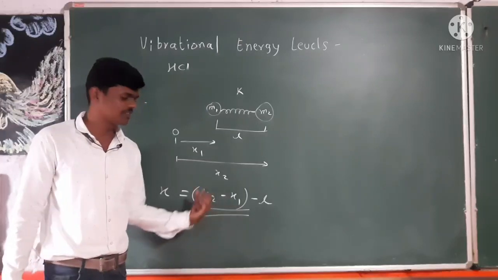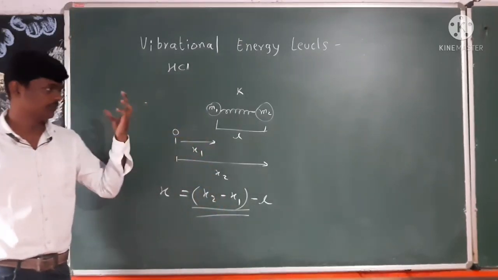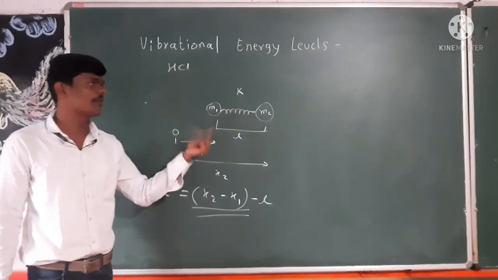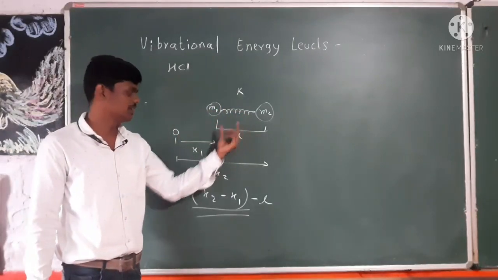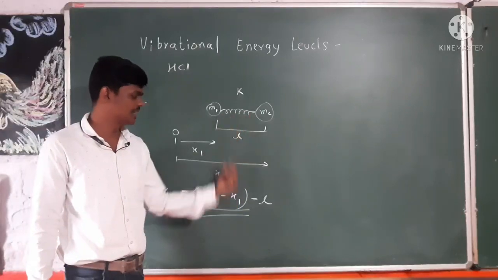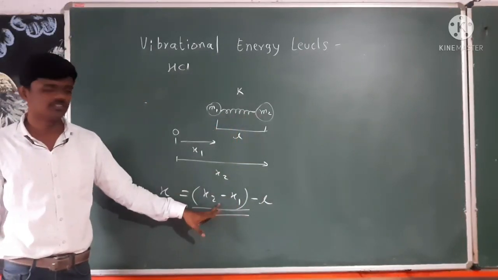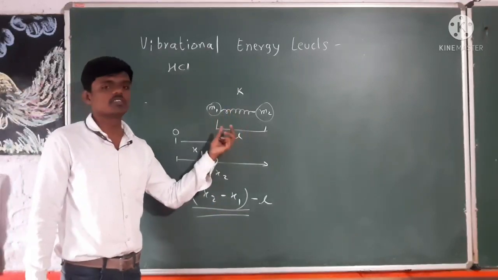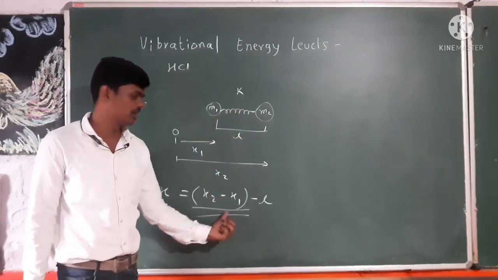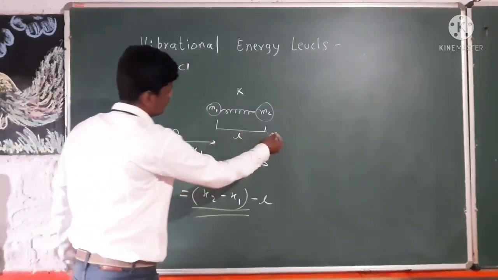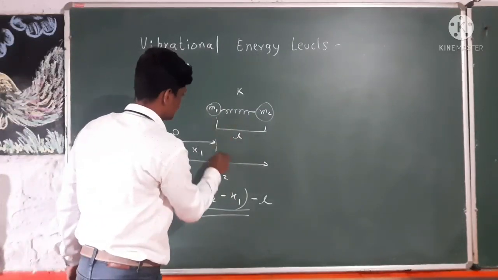And x2 minus x1 is nothing but the instantaneous length of this system when it is vibrating. When it vibrates, x2 minus x1 can be less than L. If it is compressing, it will be less. If this system is stretching, this will be a bigger value, then this x will be a positive displacement. So we can imagine it here.